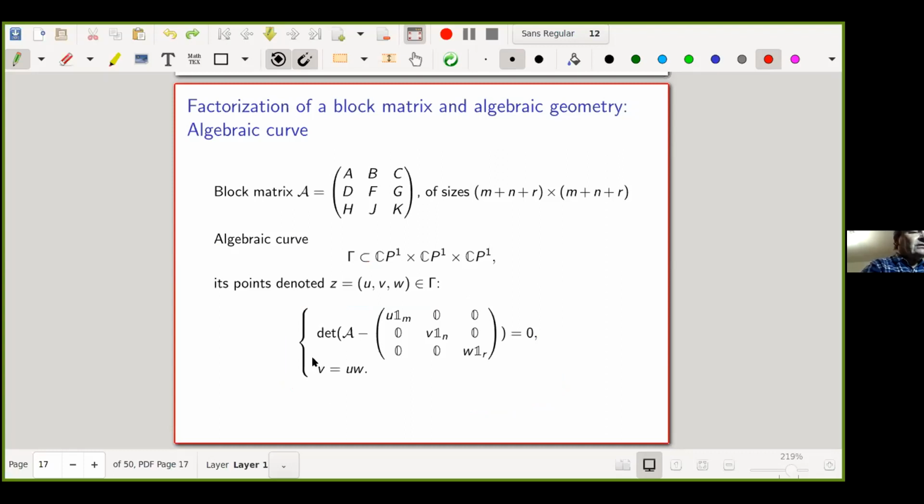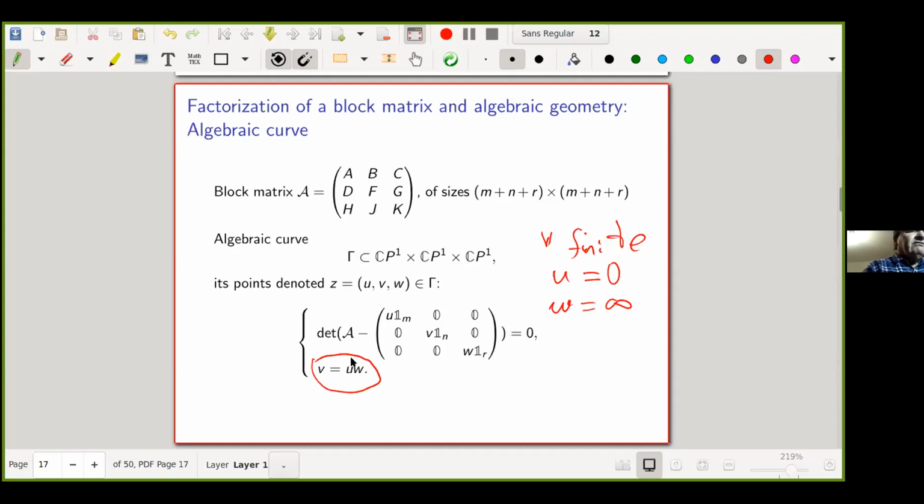For instance, by definition, V is the product of U by W. And one possibility when it happens might be like this: V is finite, U may be 0, and W may be infinity.